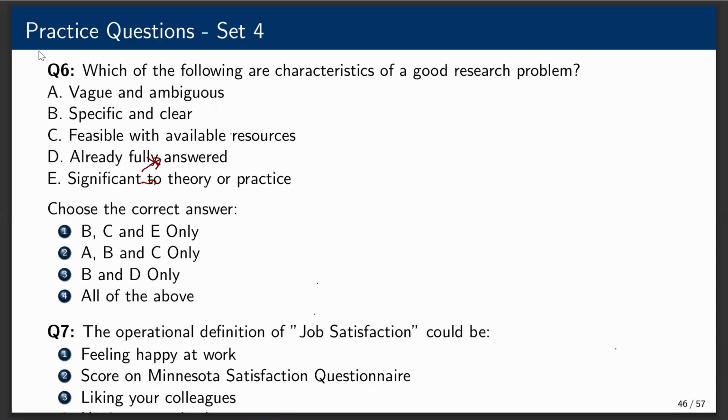Okay. Sangeeta, are you there? Could you explain the moderating variable once again? Very good question, Ajay. Let us try to see.